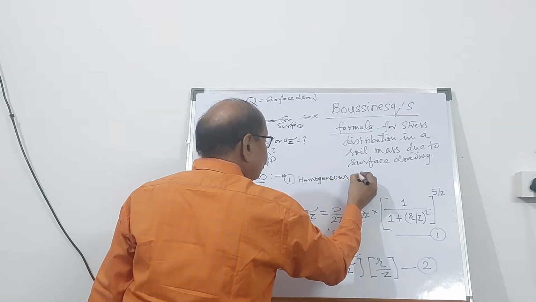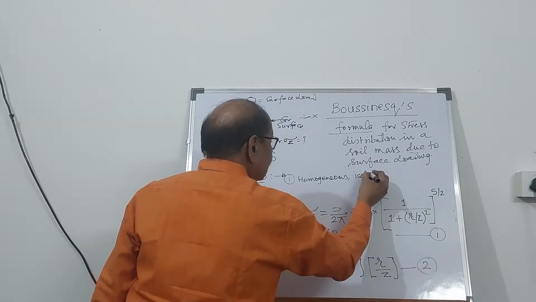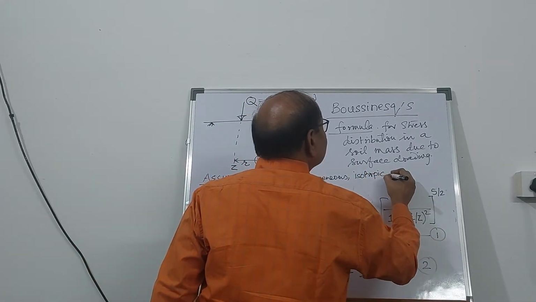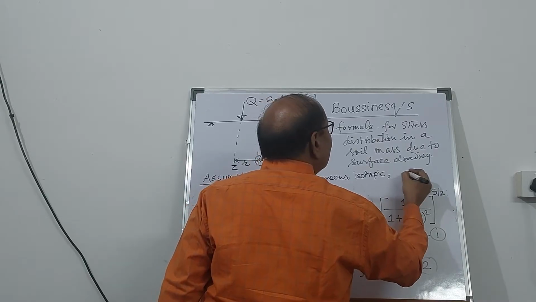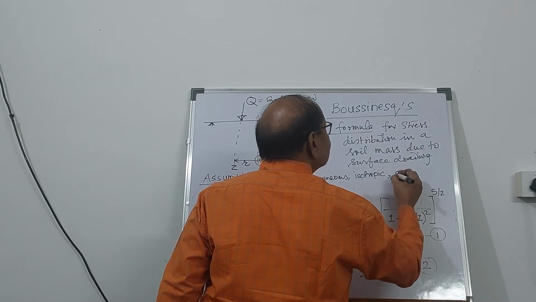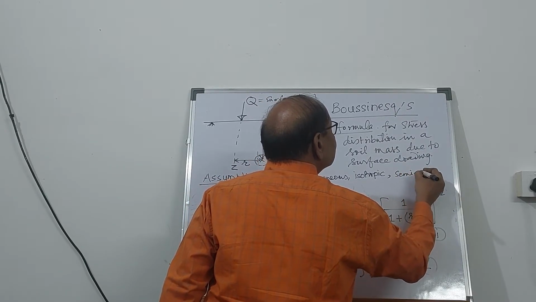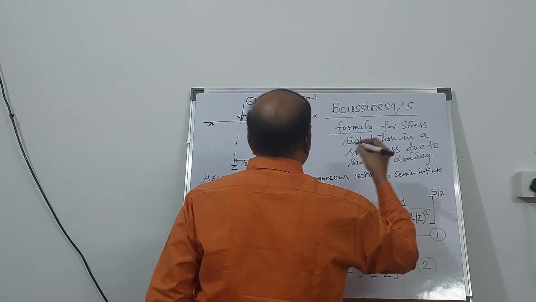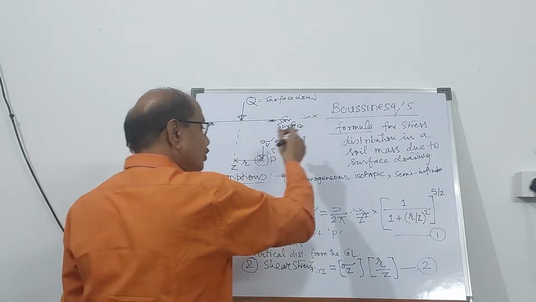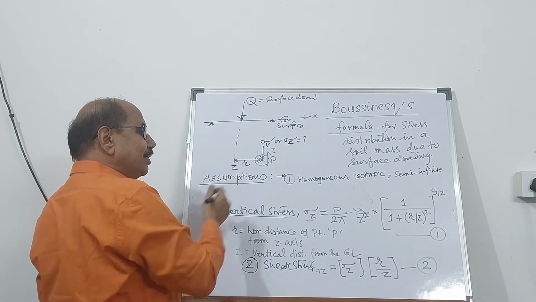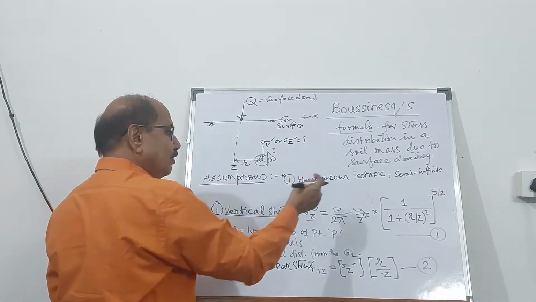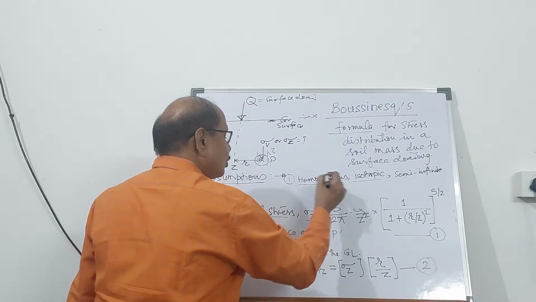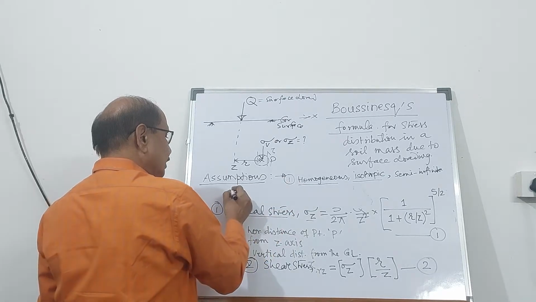It is isotropic. It's also semi infinite. Soil mass extends in all direction. It is semi infinite, and it is isotropic. It's also homogeneous. That was the first assumption.